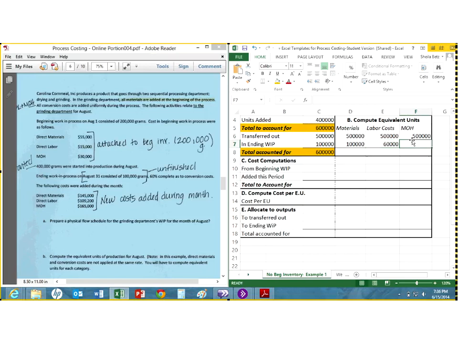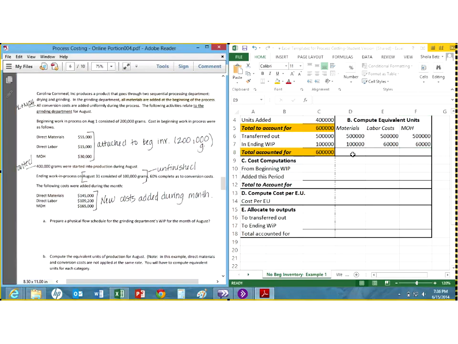And the same thing for overhead. If I have 100,000 units that are 60% complete, that's the equivalent of 60,000 units completed in regards to overhead cost.